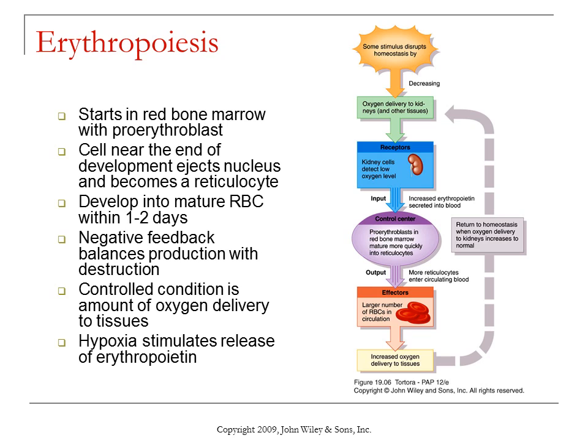So this is a diagram to show us erythropoiesis. Now we said erythropoiesis starts in the bone marrow with the pro-erythroblast, the cell near the end of the ejected nucleus, and becomes the reticulocyte. Looking at this chart, some stimulus disrupts homeostasis by decreasing oxygen delivery to the kidney and other tissue.